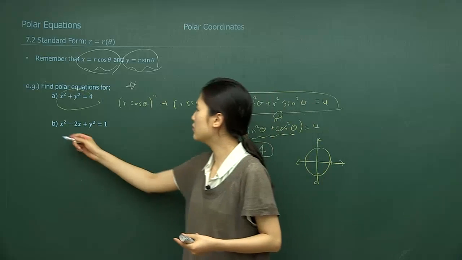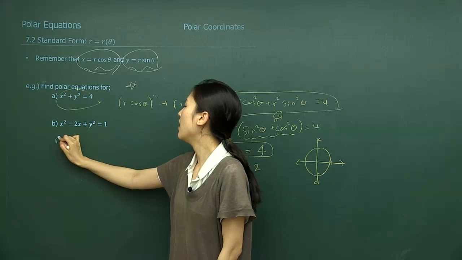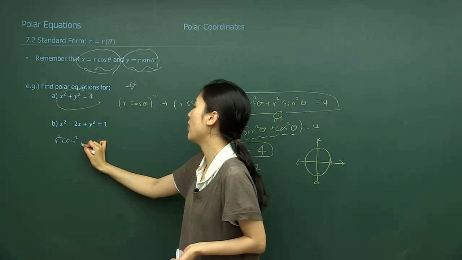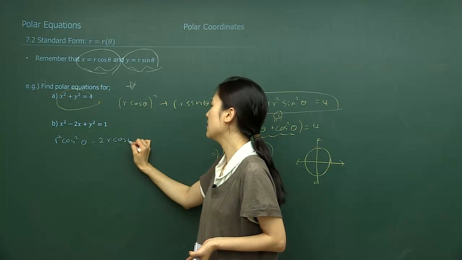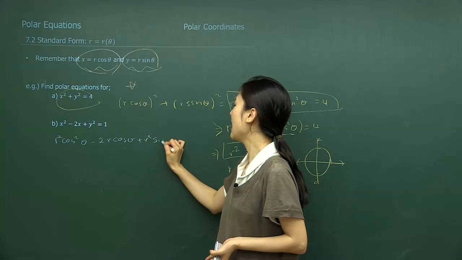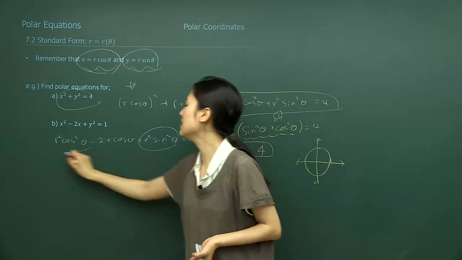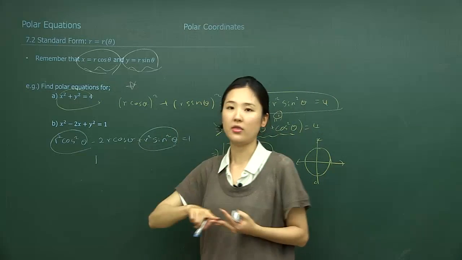All right, so let's do the second example. Saying exactly the same way, r cosine theta squared, right? Minus 2 r cosine theta, okay, y squared, so plus r squared sine squared theta equals 1. So this and this added together will give you r squared, okay?